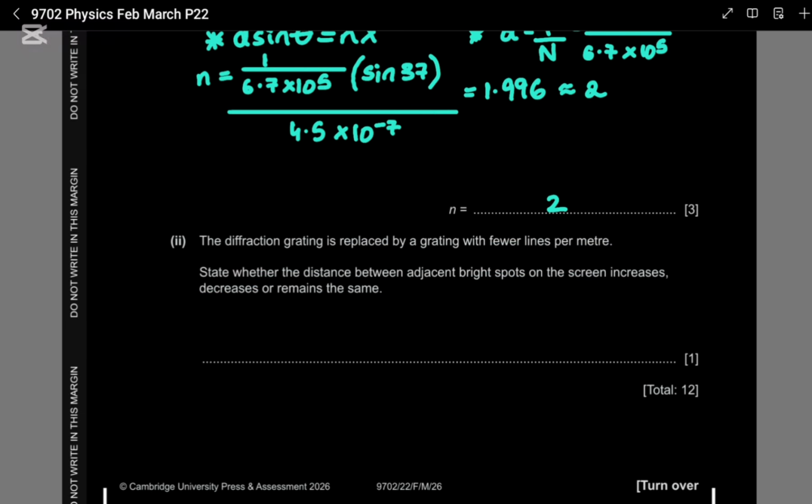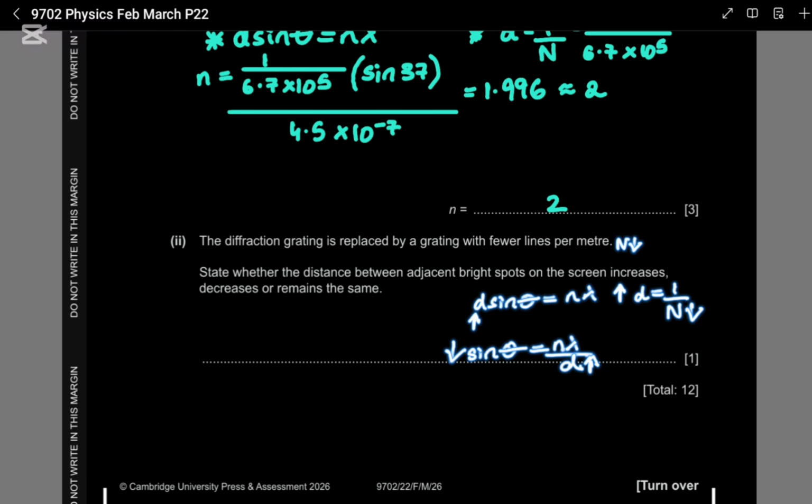So n decreases, and d sine theta is equal to n lambda. So d is equal to 1 over n. If n decreases, d increases. If d increases, now look at what happens to sine theta. Sine theta is equal to n lambda over d. So d increases, sine theta decreases.